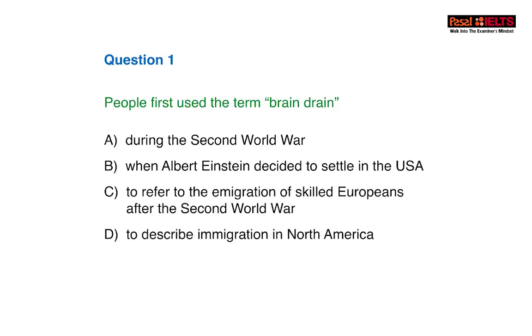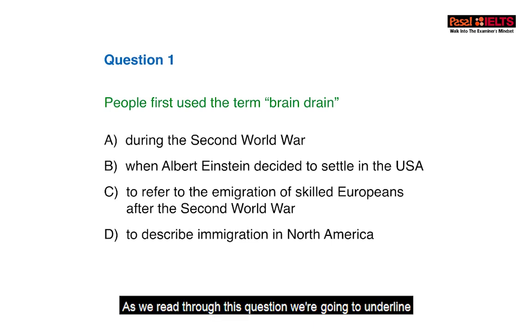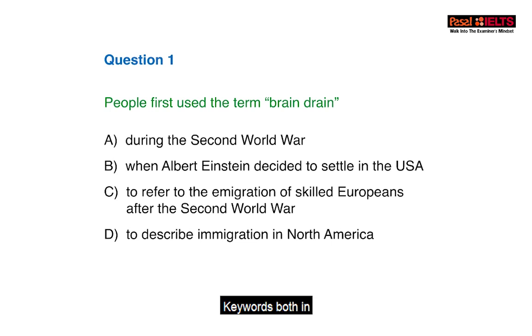Question 1. And it's a multiple choice question with 4 choices, A, B, C and D. And as we read through this question, we're going to underline keywords both in the question part at the top that I've put in green and also keywords in all 4 choices. Here we go. People first used the term brain drain.